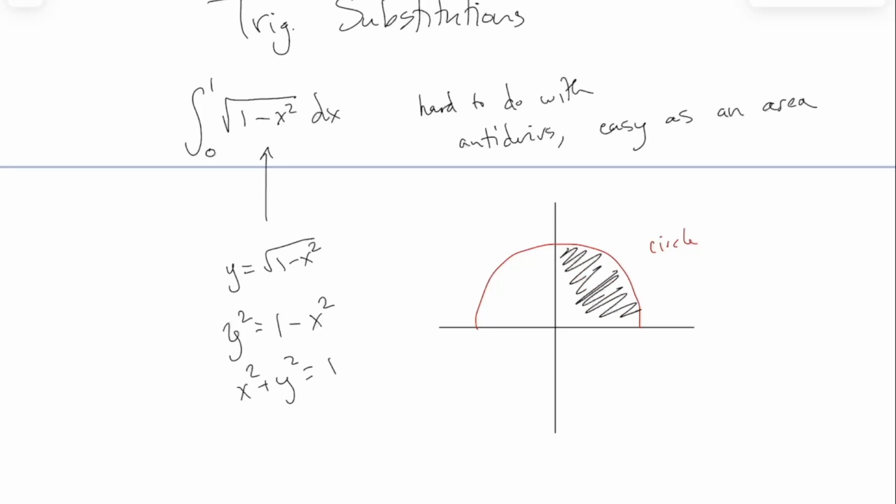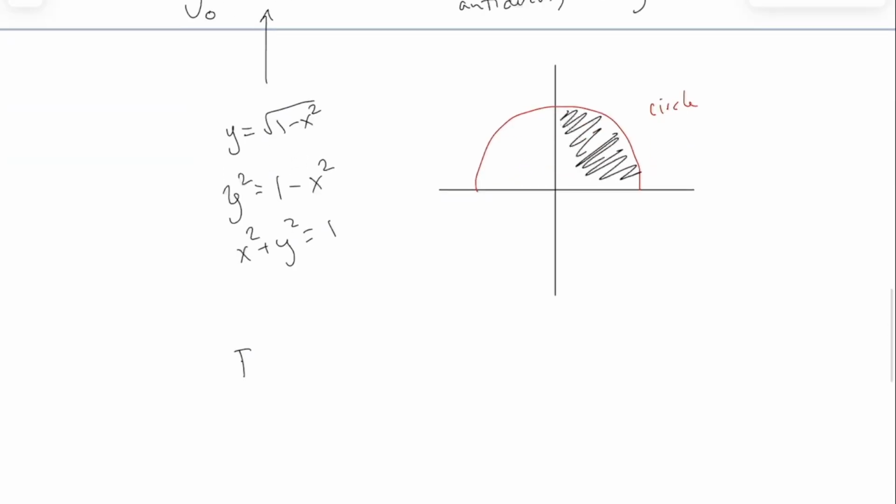Can anyone say what that area is? It's 1/4 of the full circle area. What do you think? The full circle area is pi r squared, right? And the r is 1, so it's pi times 1 squared.